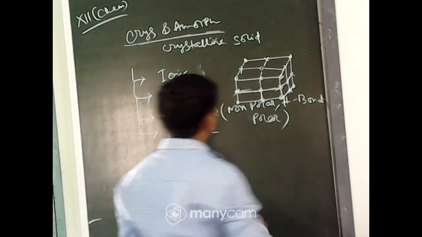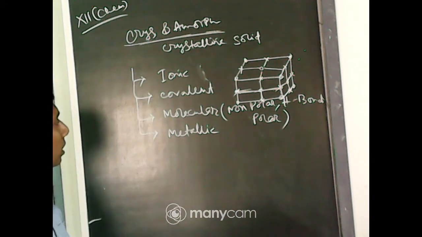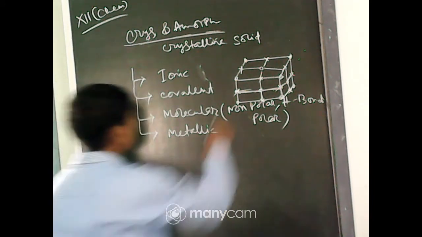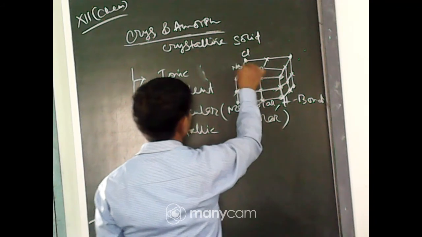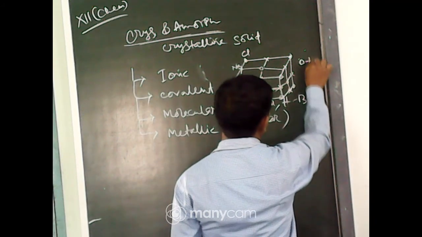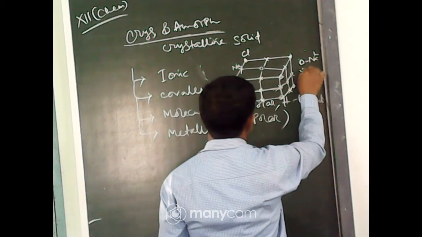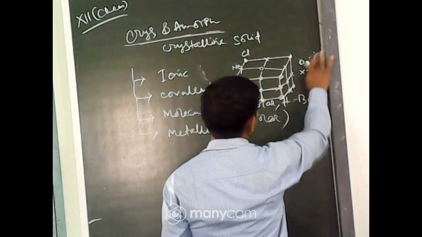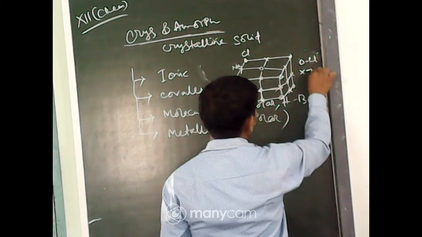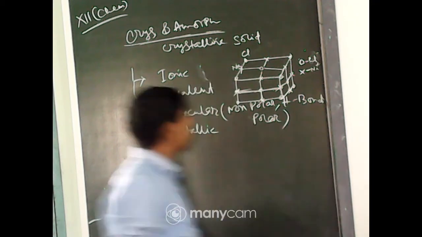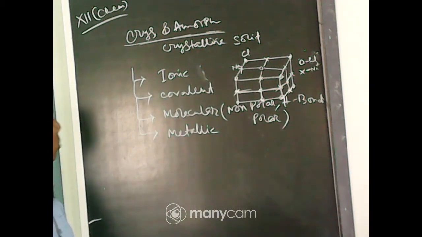Okay. So, these are the points. This is Cl, this is sodium. In the caption, the round mark is sodium plus, and the cross is chlorine minus. So, this is about the ionic crystal.